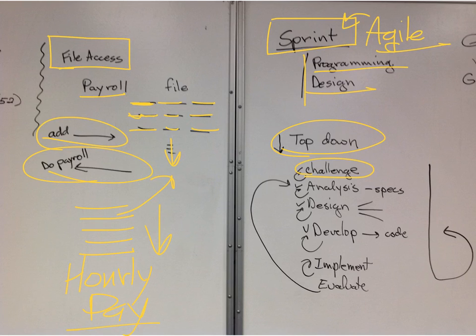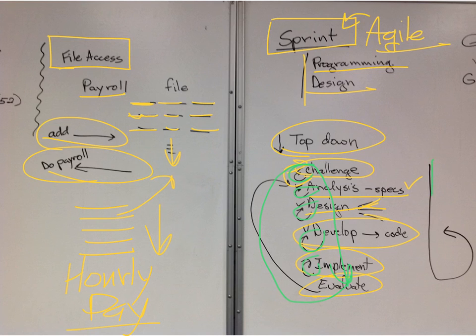You have some challenge or a problem. You make sure you understand it. Analysis, you get all the specs, design it, flowchart, pseudocode, IPO. Then you develop the code, implement, and evaluate. And we create, each one of these, we get feedback, keep getting feedback, and then eventually we create this loop, creating software.